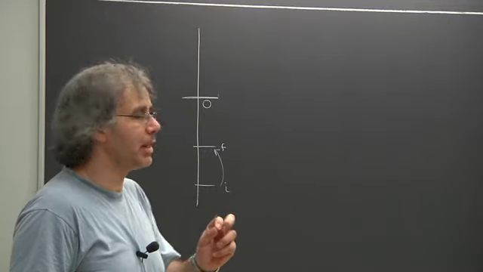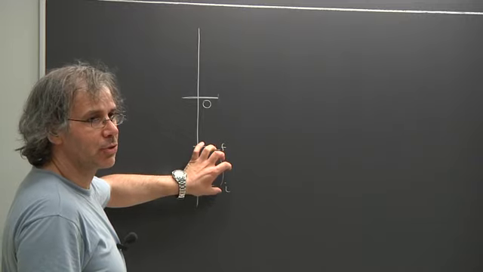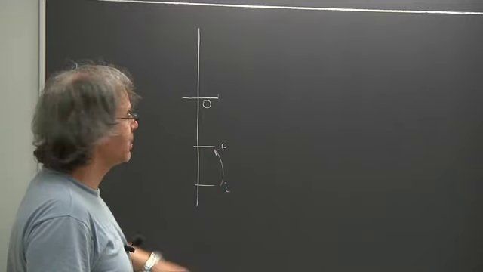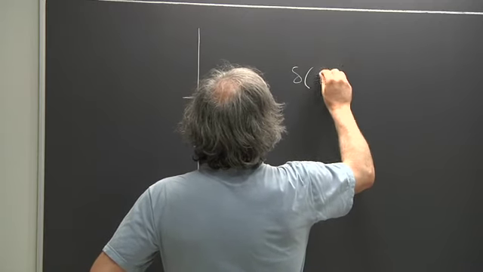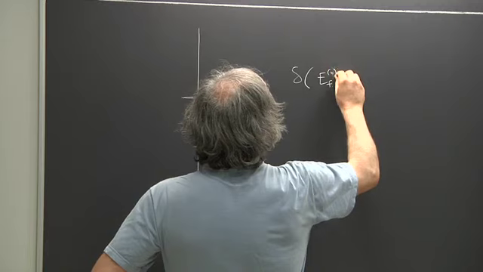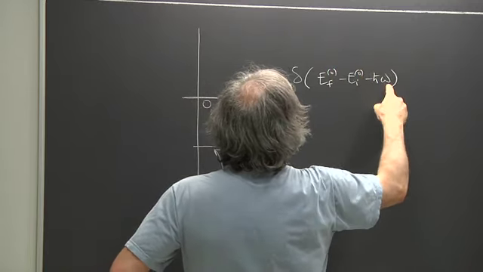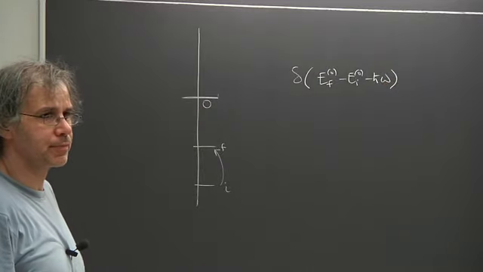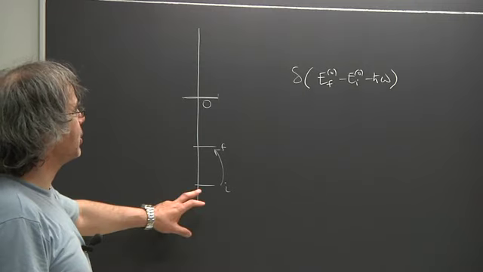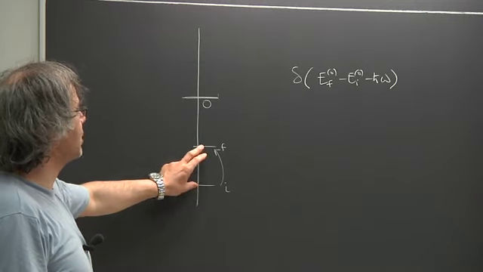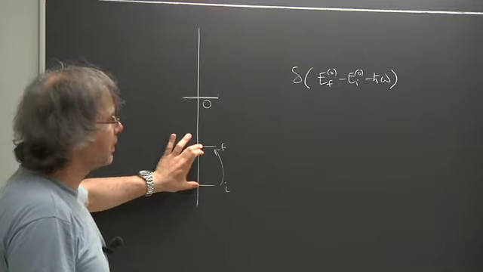You are really requiring a very infinitely sharp energy conservation requirement. Okay? So in other words, the delta function would have something like E final minus E initial minus h bar omega, where omega is the frequency of the perturbation you are applying, and this obviously will give you zero rate if omega differs even infinitesimally from the energy difference.